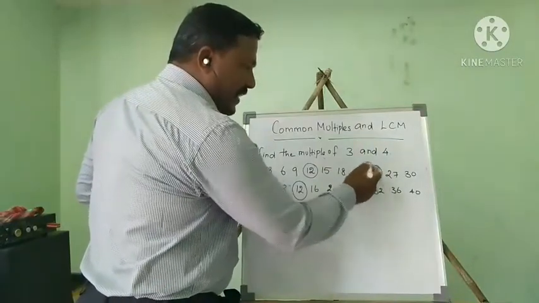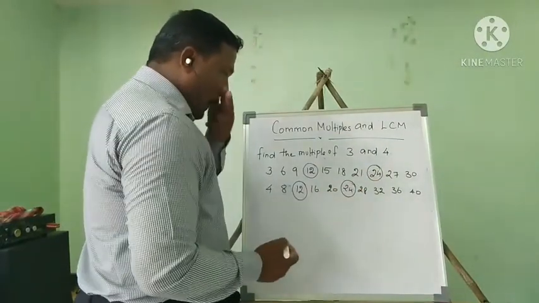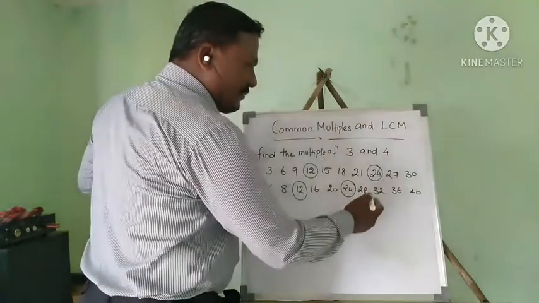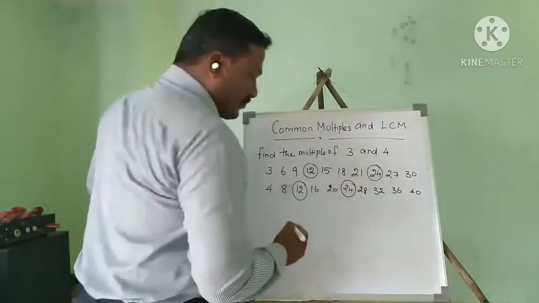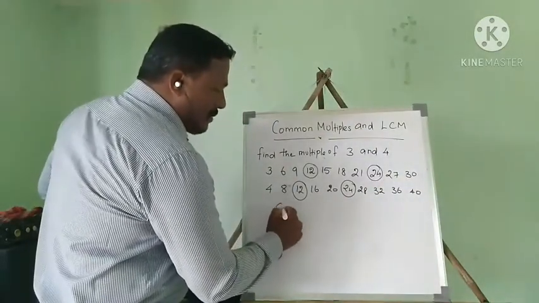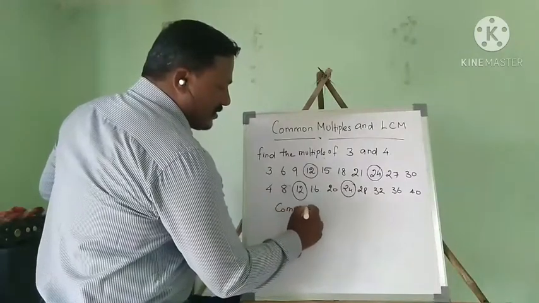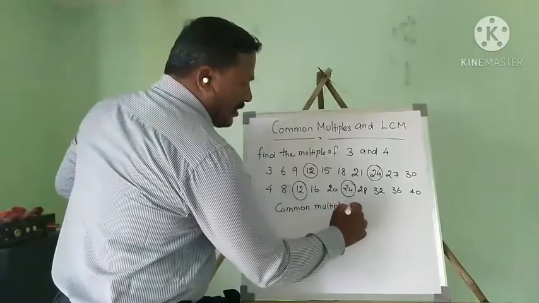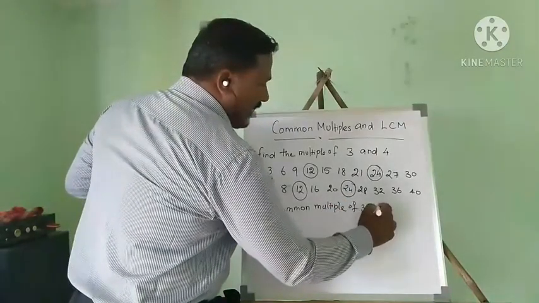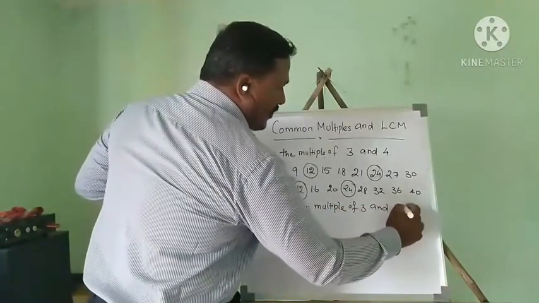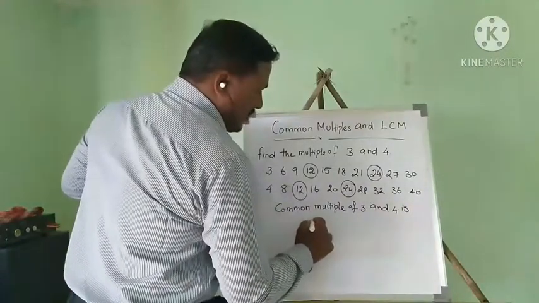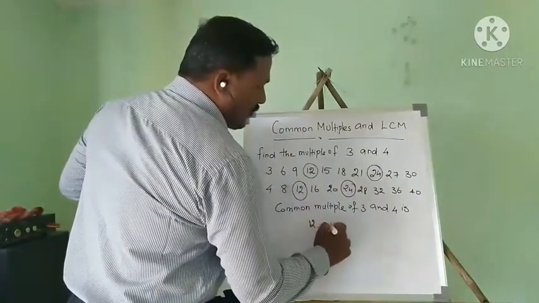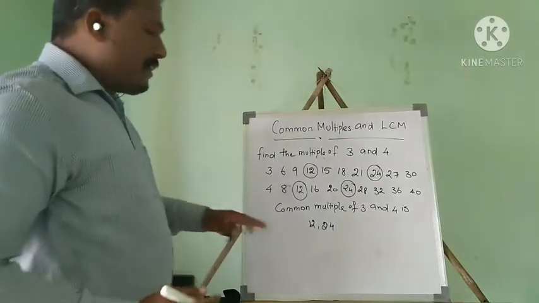See, this is a common multiple of 3 and 4. Another 27, 30, no. So let me write: common multiples of 3 and 4 are 12 and 24.